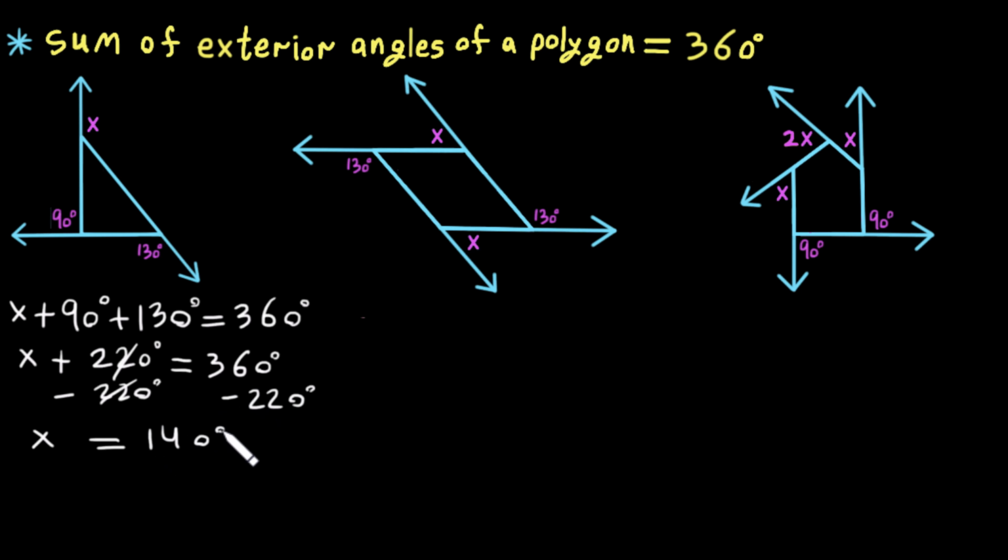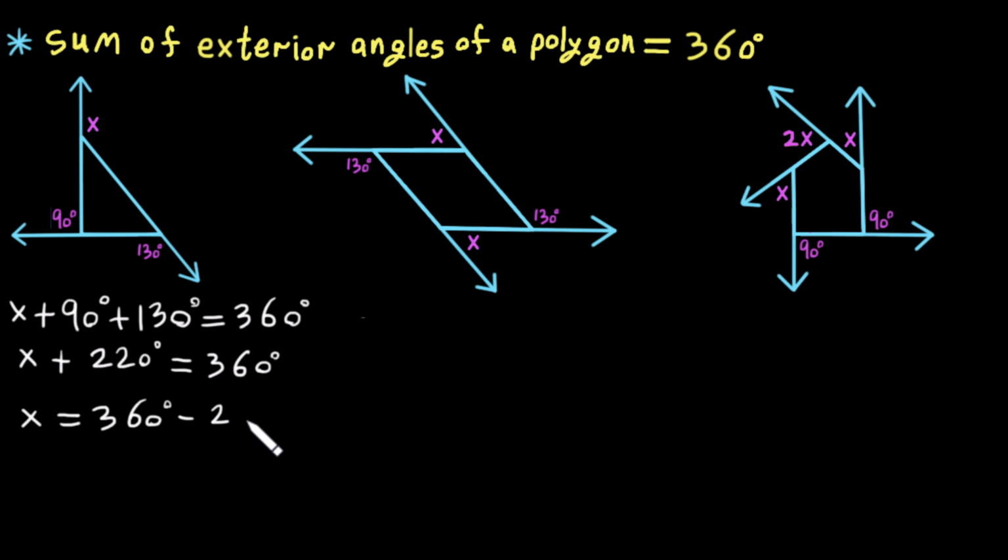To make it neat and simple, it's better to write it like this: x equals 360 degrees minus 220 degrees, which is 140 degrees. So we found this x, which is 140 degrees, and we found all three exterior angles. If you sum these three exterior angles, you will get 360 degrees.